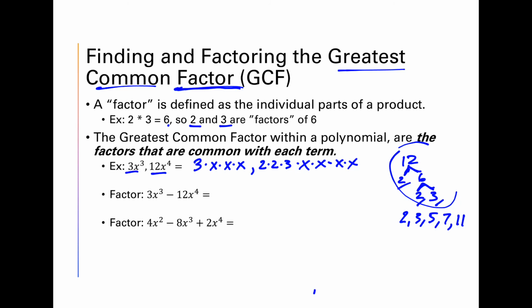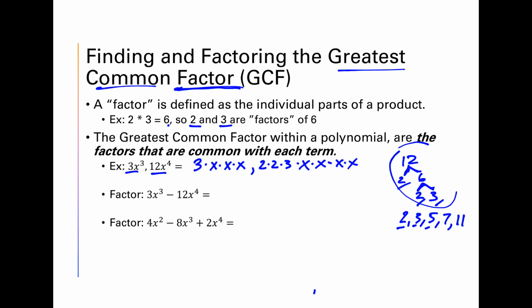And generally, by the time you get to like 5, 7, or 11, you've gotten all the factors out. So you start with 2, use it till you can't use it anymore, then go to 3, and then if there's anything left, 5, 7, and 11, and then 13 if you need to. But generally, these tend to be the ones that we stop at.